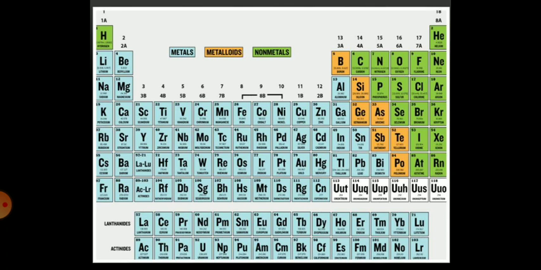If you look at the orange color elements, the elements shown in a diagonal form in the periodic table, they are nothing but the metalloids. They show properties of both metals as well as non-metals.